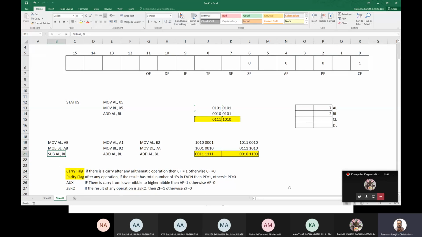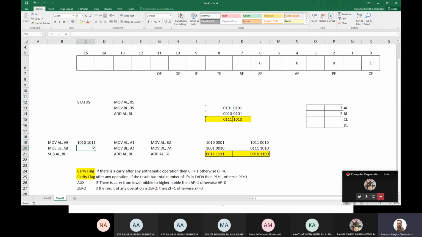What will happen? What is AB? 1010 1011. If you subtract, what will be the result? It will be 0, 0, 0, 0, 0, 0, 0, 0.